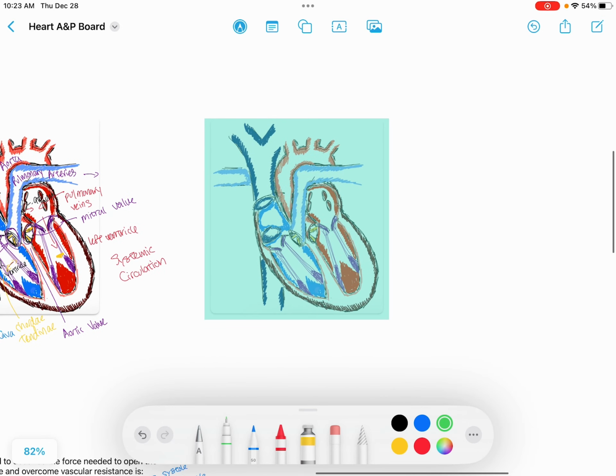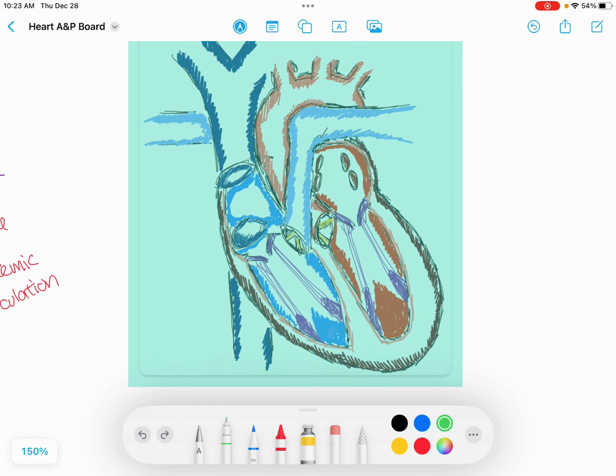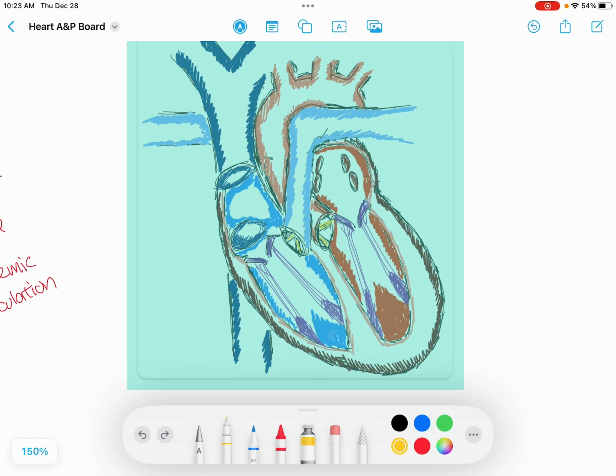Let's go up to another diagram. There's three structures you need to know at a very basic level for how the heart generates electrical signals. Starting with the SA node, which was the answer here.